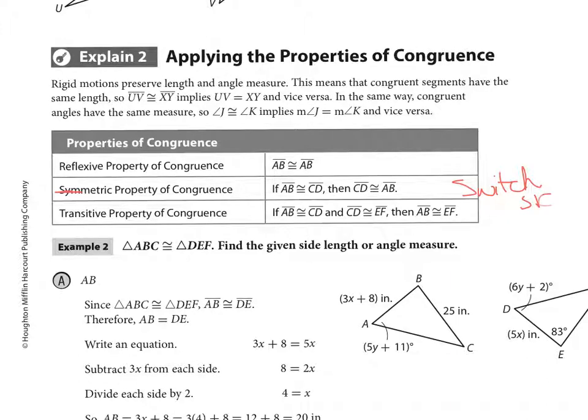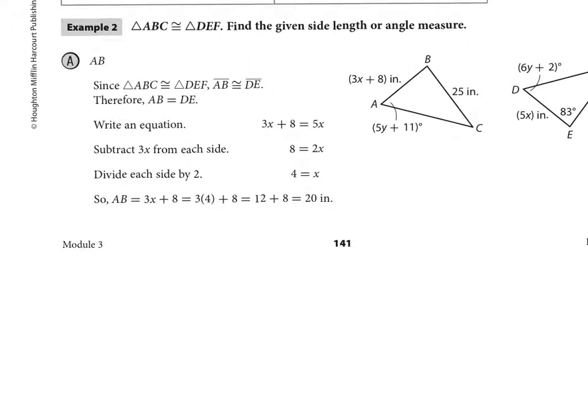And so what that means is if AB is congruent to segment CD, then CD is congruent to AB. And the transitive property is that traveling one. If AB is congruent to segment CD and line segment CD is congruent to EF, then AB is congruent to EF.